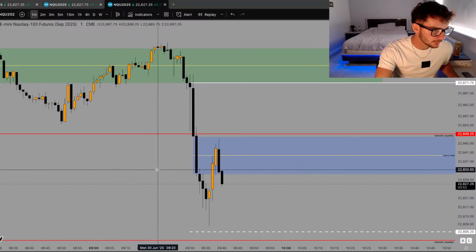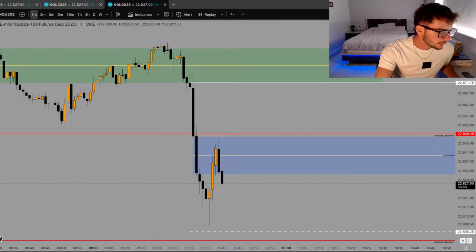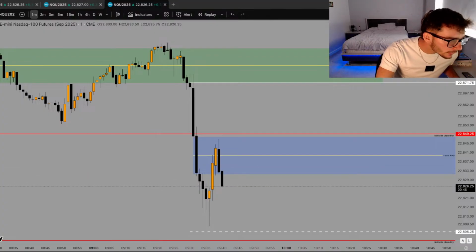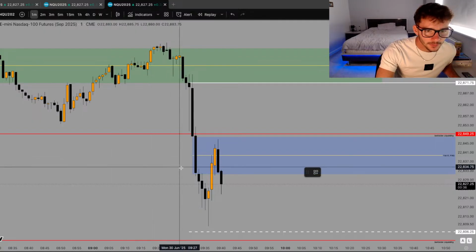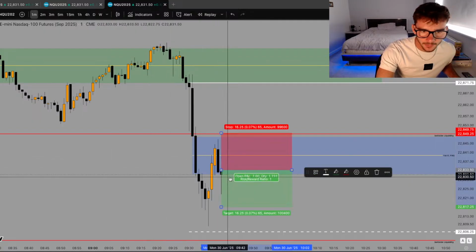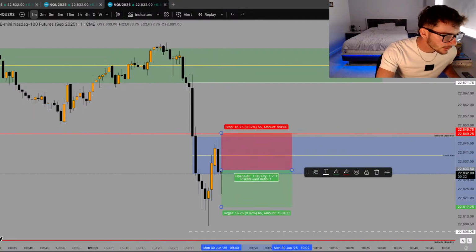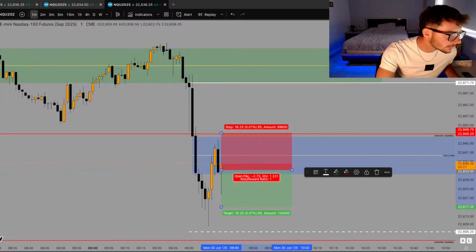So I'll close that for a small loss. Now I'm looking to get back in on this fair value gap that's just formed on the 15-second chart. What's the high of that? 83350. Okay, so entry at 83350. And then we'll put the stop loss at that high that's formed, or one tick above it.